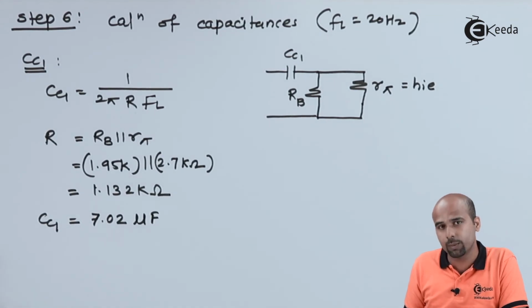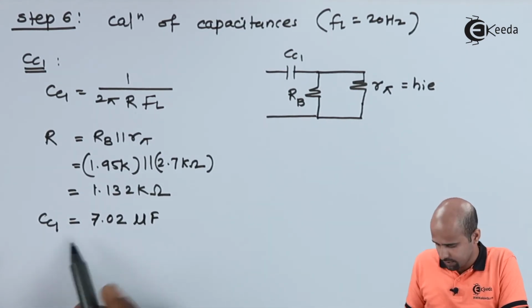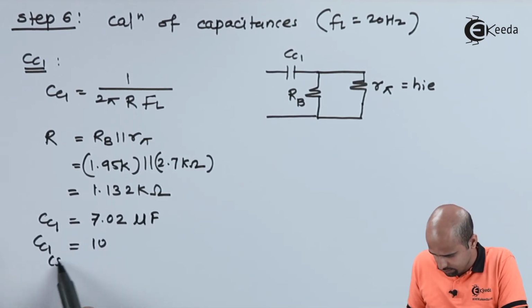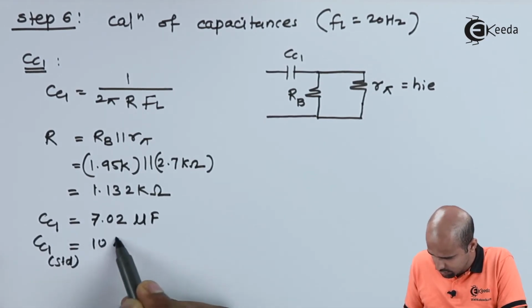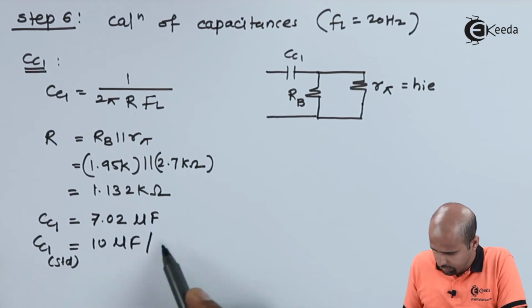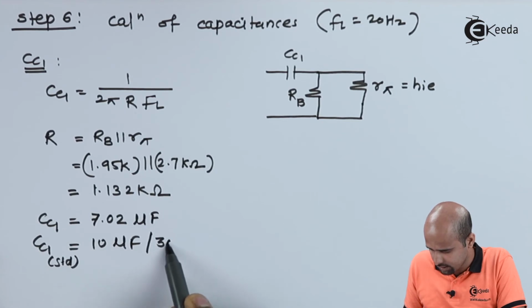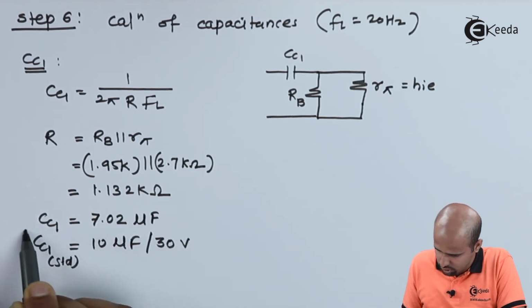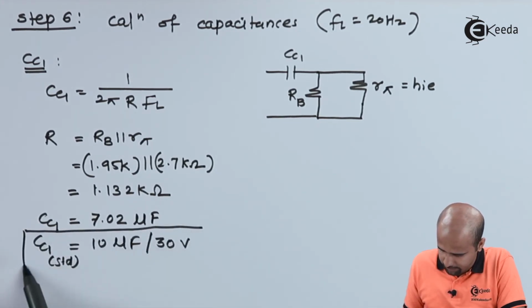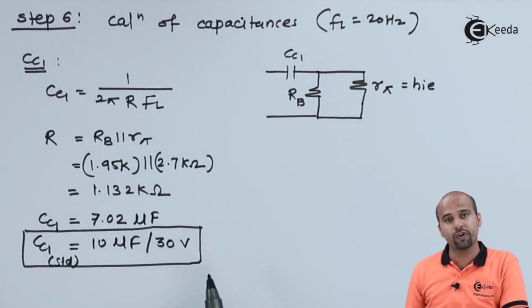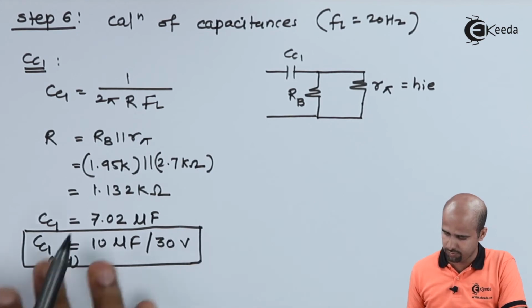We will take all the capacitors toward the higher side, so CC1 standard will be 10 microfarad with 1.5 multiplied by 20, that is 30 volts. So the capacity of this capacitor CC1 is 10 microfarad by 30 volts.